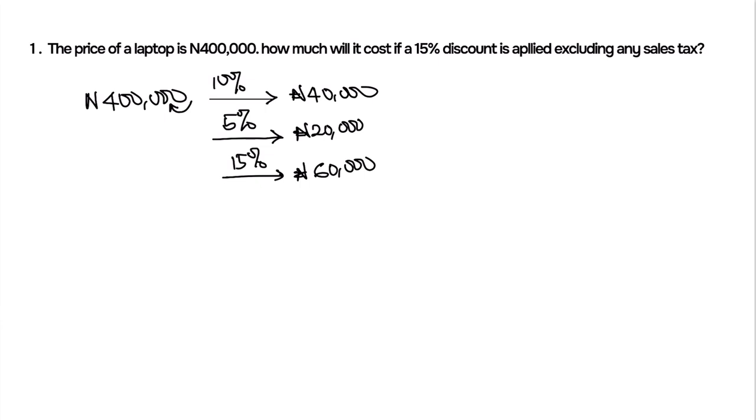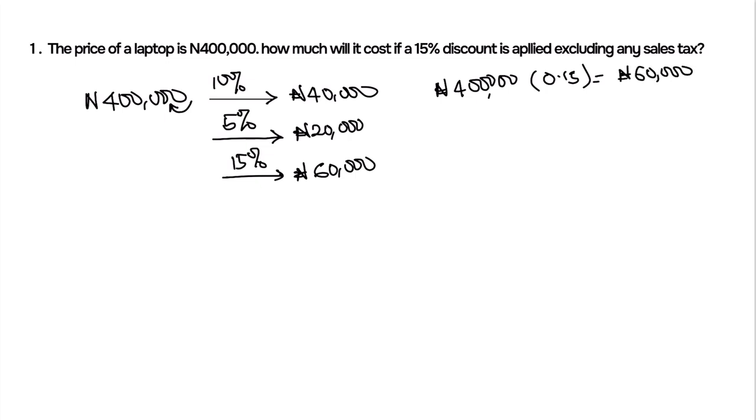But if you don't want to do it mentally, you can get your calculator and do 400,000 times 15%. 15% is 0.15, and I'm very sure you'll still be getting 60,000.